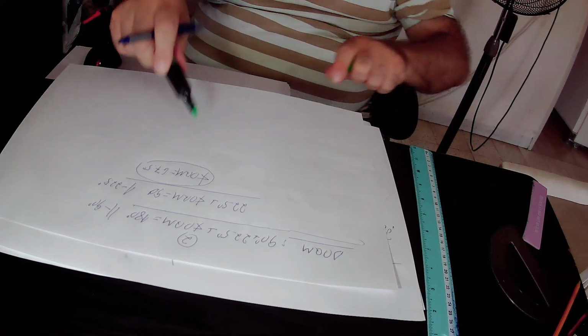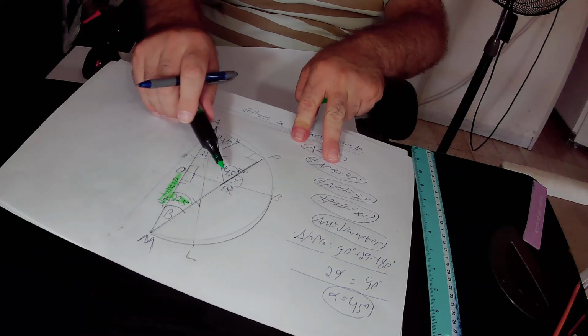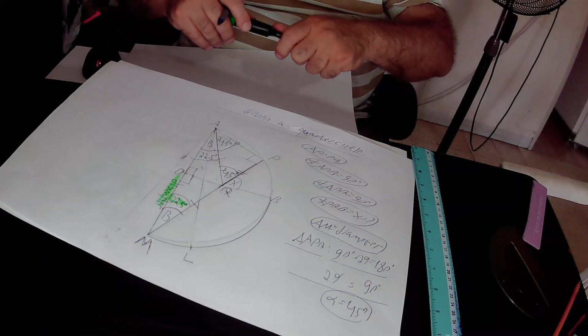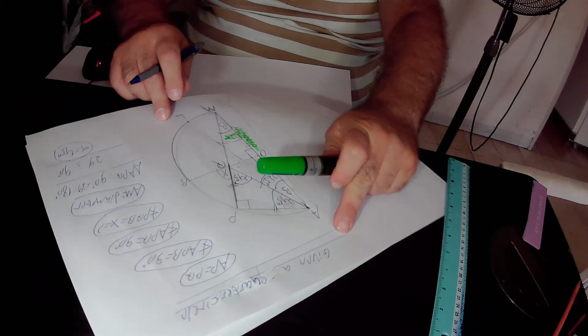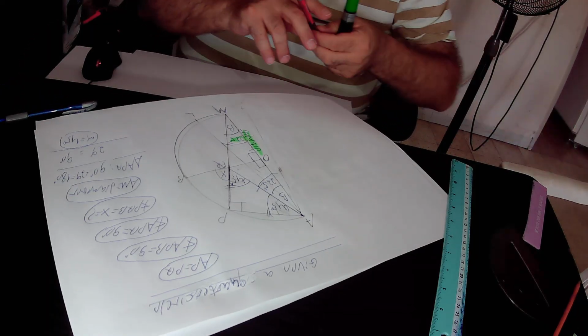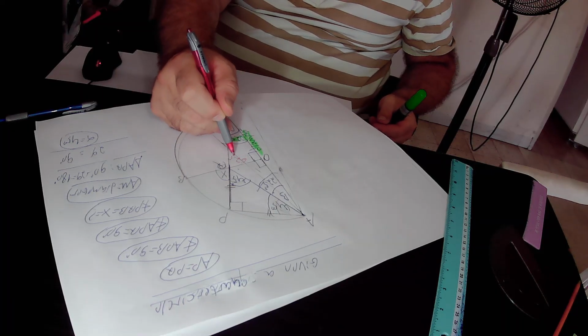So we found out that the size of this missing angle OQM is 67.5 degrees. So write it down: angle OQM is equal to 67.5 degrees in its size.